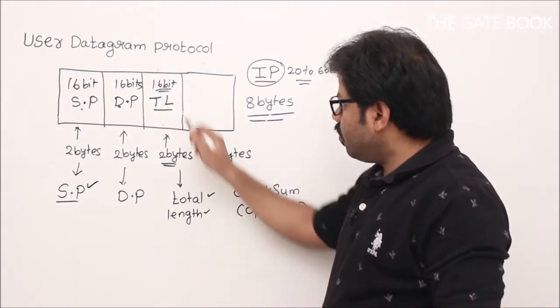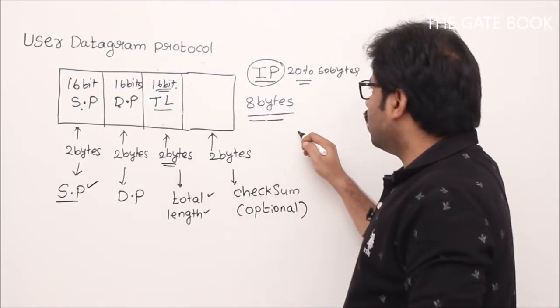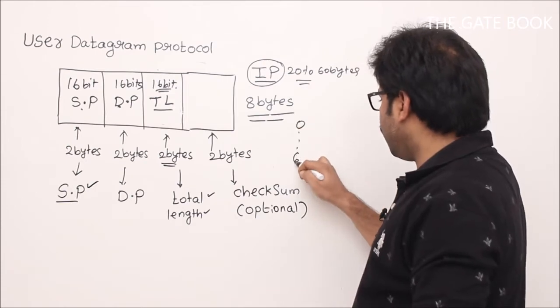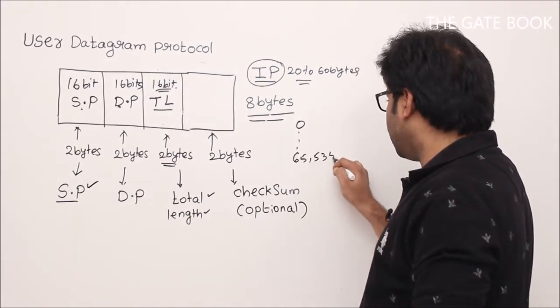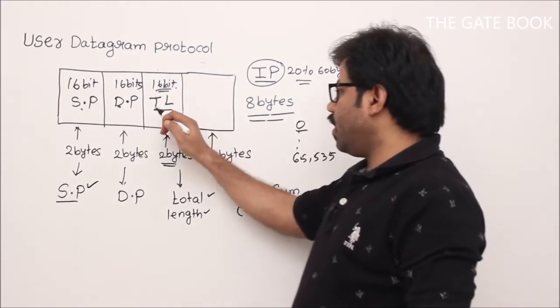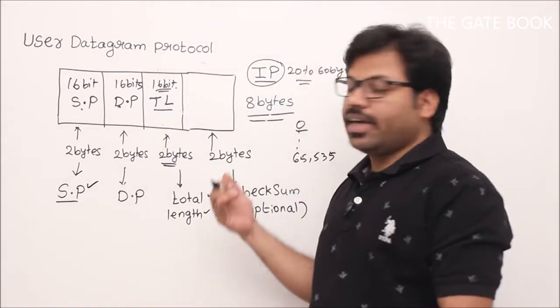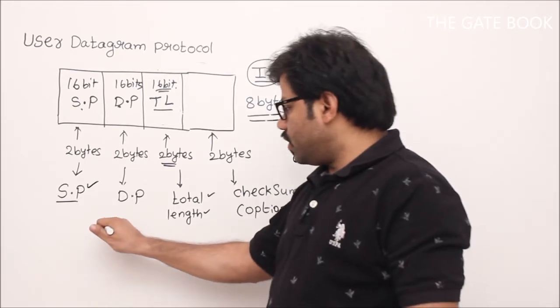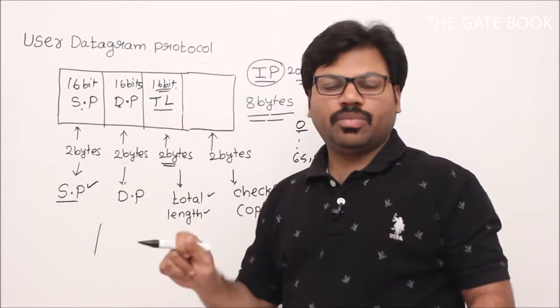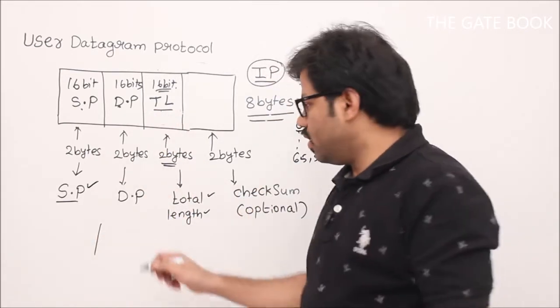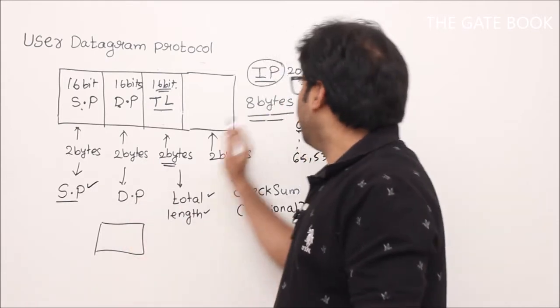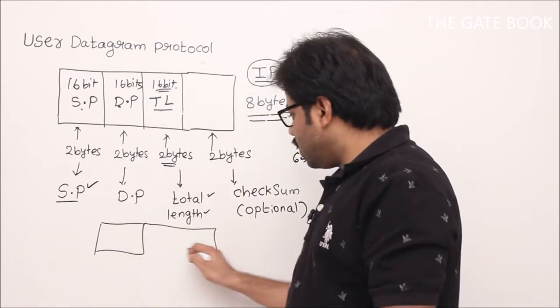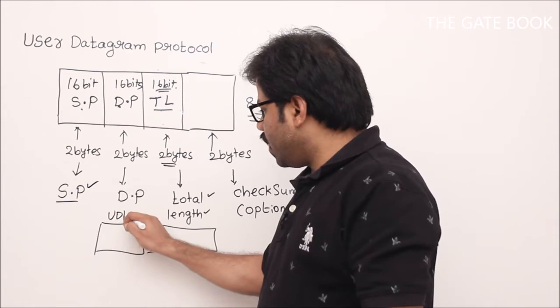With total length, since it is a 16-bit number, we can generate 0 to 65,535 patterns. So 0, if I write it, will indicate that your packet size is 0 bytes, okay? But it is impossible. Why? First of all, see what it represents. Total length means your header plus data. So what is your header size? 8 bytes. Assume this is your UDP header which we are talking about.